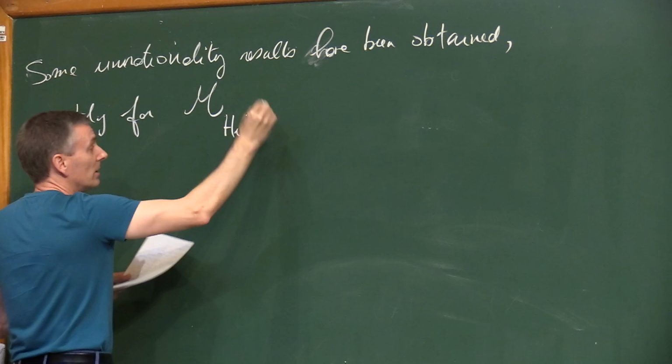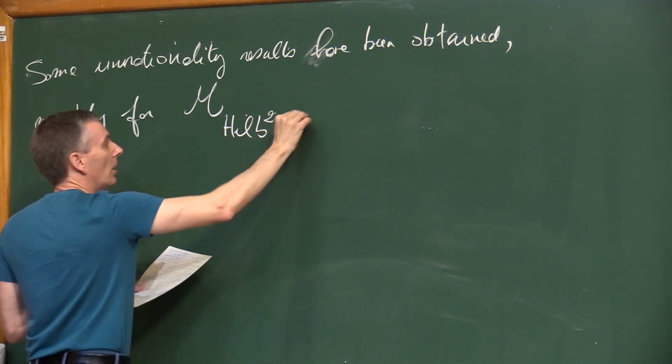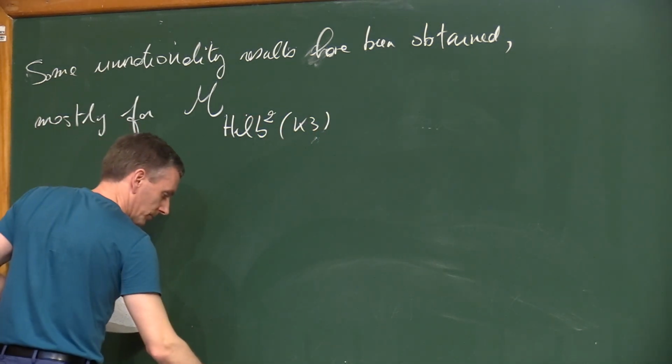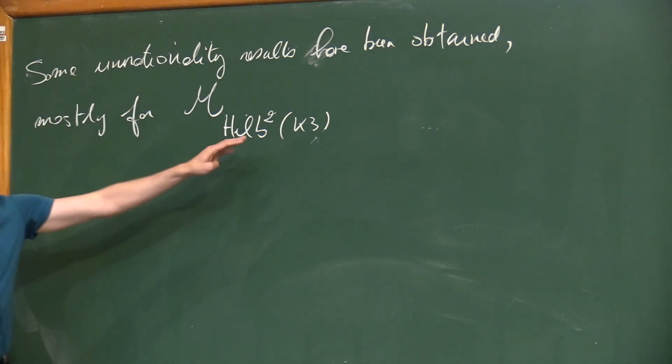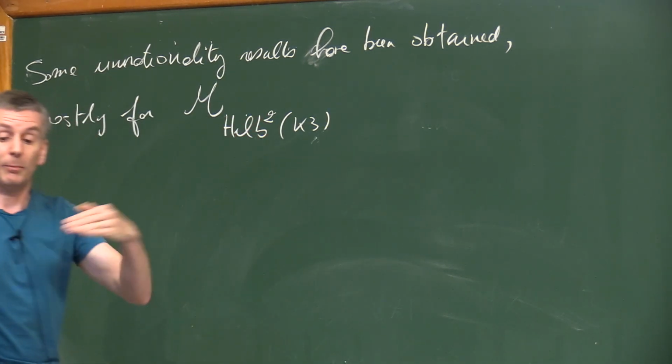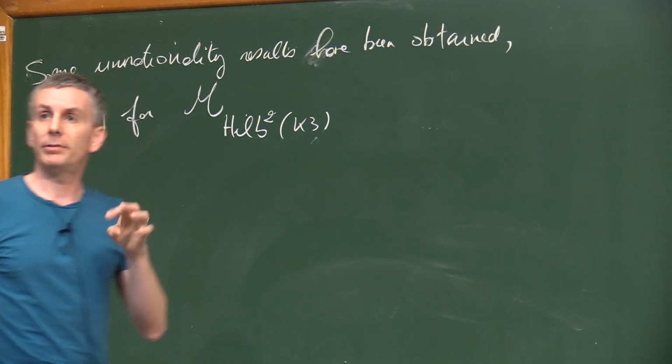And there are most examples for the Hilbert schemes of 2 points on K3 surfaces, simply because K3 surfaces and their Hilbert schemes or deformations have very nice projective models.